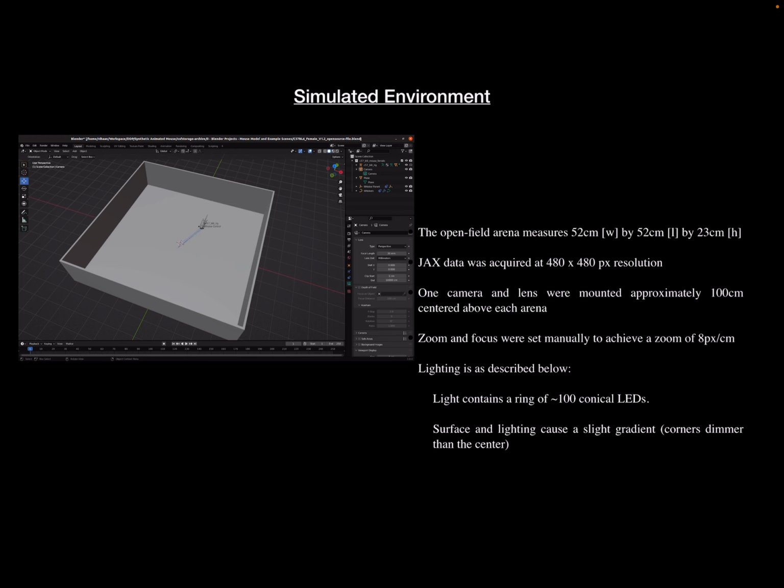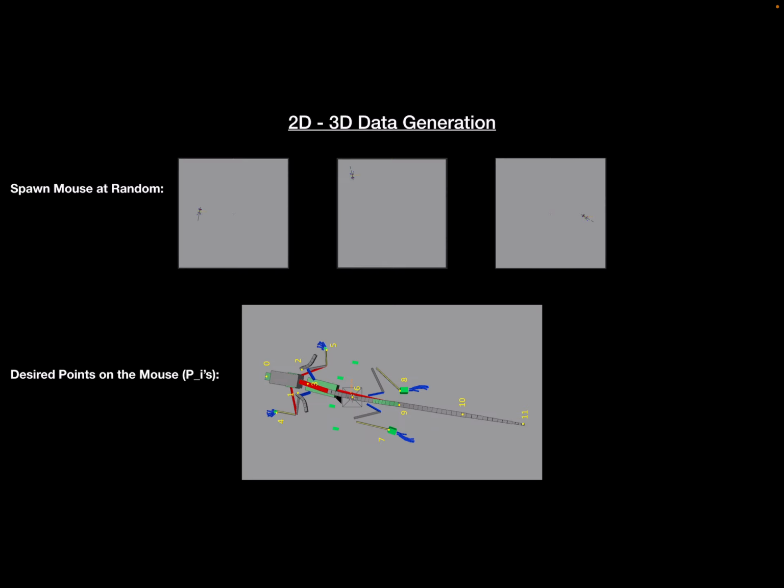The other good thing is that the mouse model that was given to us has all these joint restrictions implicitly in it. So with this, I was able to generate a 2D to 3D data set very easily. And here are just some specifics about the workspace that was replicated.